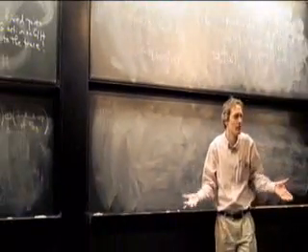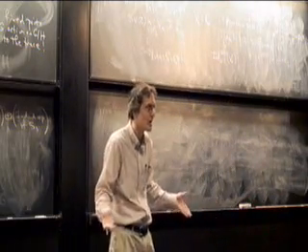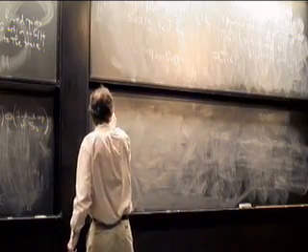So how are we going to deal with this? Well, in order to deal with this, we need to know something about the functions on SU2, obviously. What do we know about the functions on SU2? Well, we have the beautiful Peter-Weyl theorem.